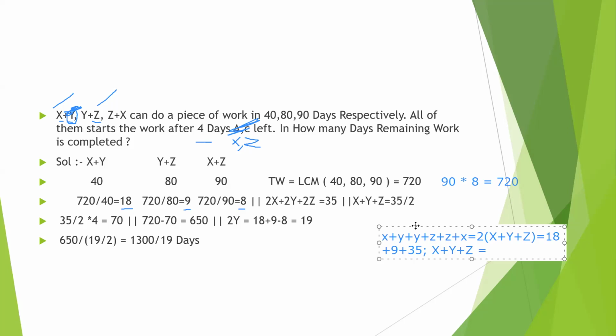How much do we get in total? 18 plus 9 equals 27. 27 plus 8 equals 35. So this is 35 by 2. This is what the 3 persons can do in one day. In a single day, x plus y plus z can do the work of 35 by 2 units.